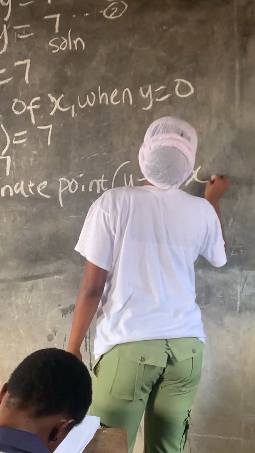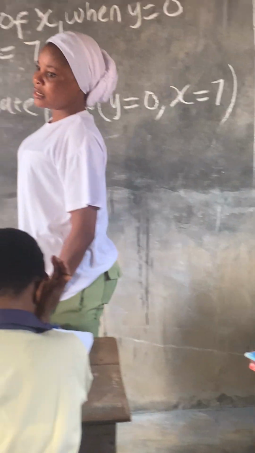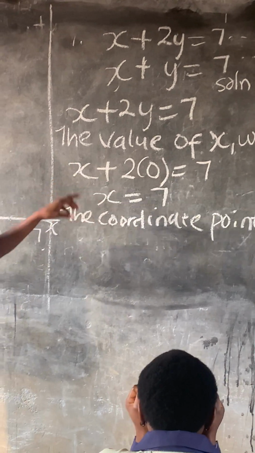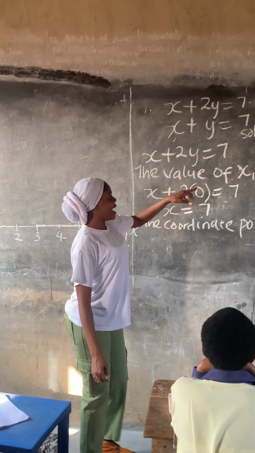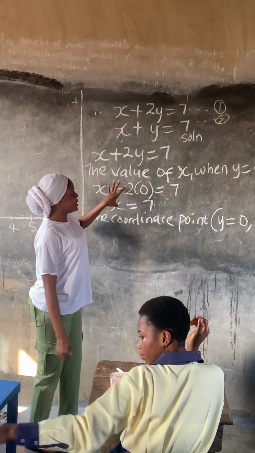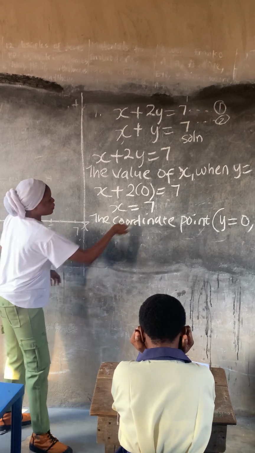Okay? So these are the coordinates from this equation 1. But you are not done. What you've done to x, you also do the same to y. The same way you did to x, you also repeat it to y.